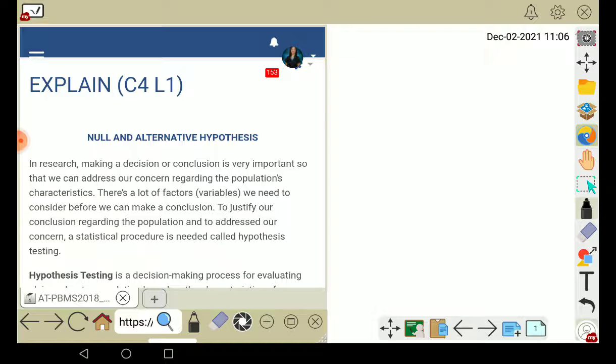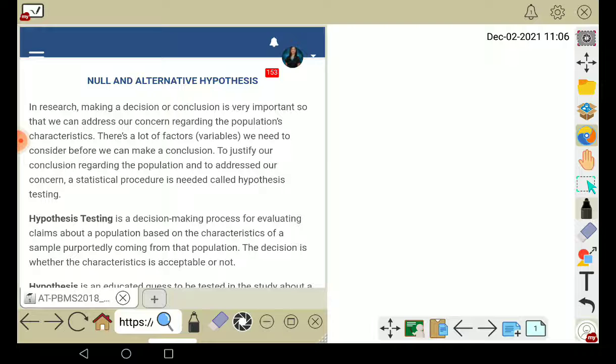And the main purpose of hypothesis testing is that we need to know if the null hypothesis is true or not. If it is true, then the null hypothesis will remain, and if it is false, then we need to make another hypothesis, or what we call the alternative hypothesis.